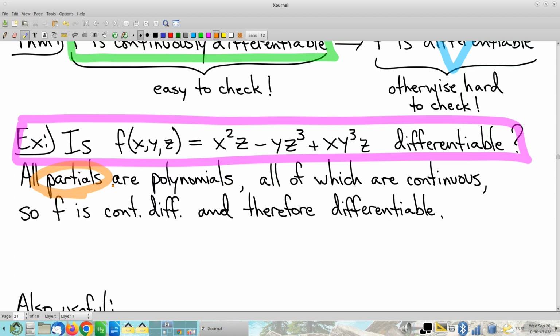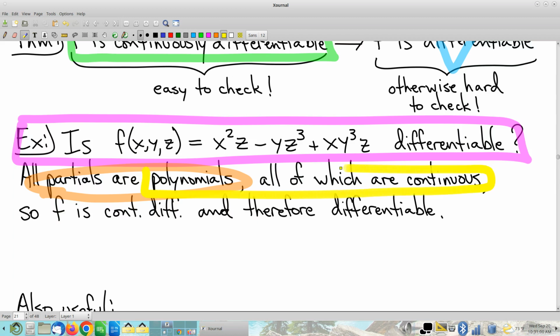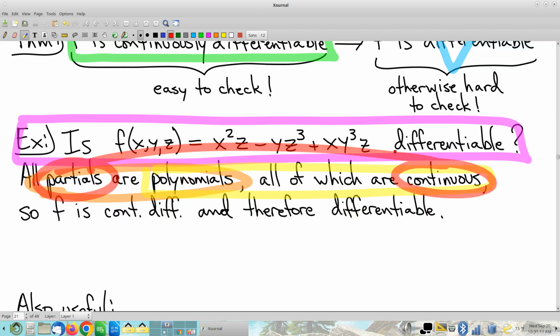Well, look, this is a polynomial. Obviously, its partial derivatives are all polynomials. That's just clear, I hope, right? Okay, here's the thing. Polynomials are continuous. Old fact, right? Which means, therefore, that all of the partial derivatives are continuous, which means the function is continuously differentiable.